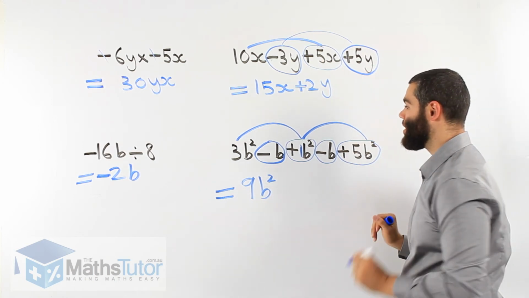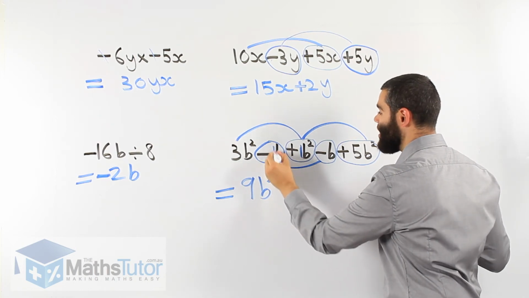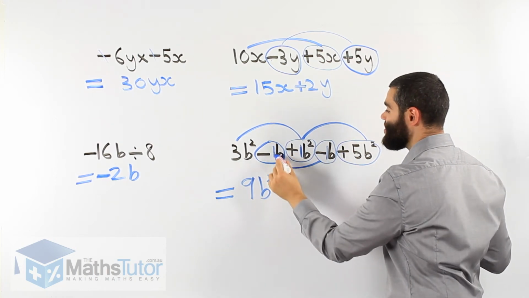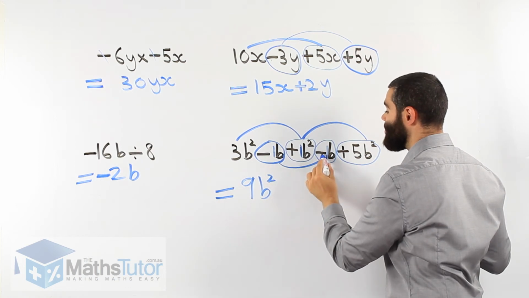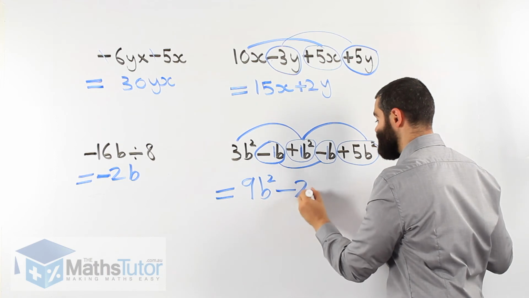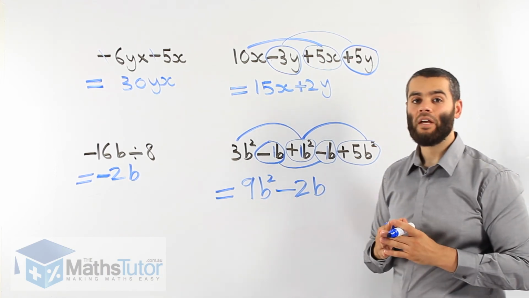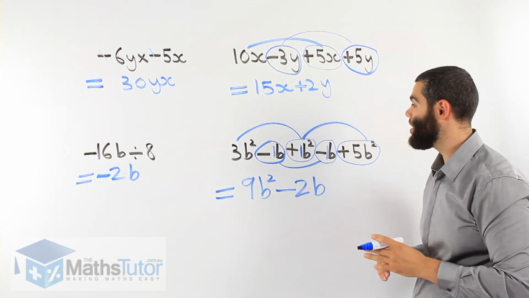That's complete. Now we go and we complete the rest. Minus, there's a 1 here, there's a 1 there, minus 1b, minus 1b, minus 1 is minus 2b. Our final answer, 9b squared minus 2b.